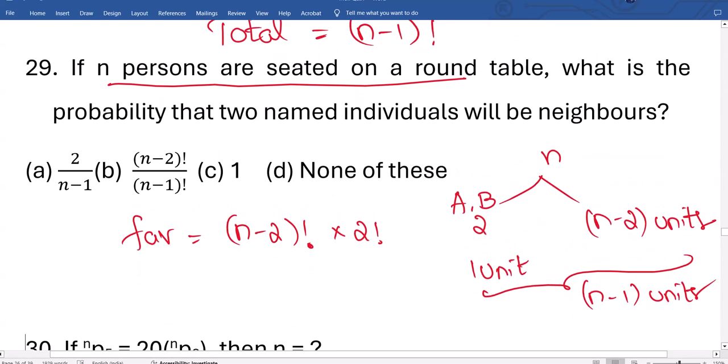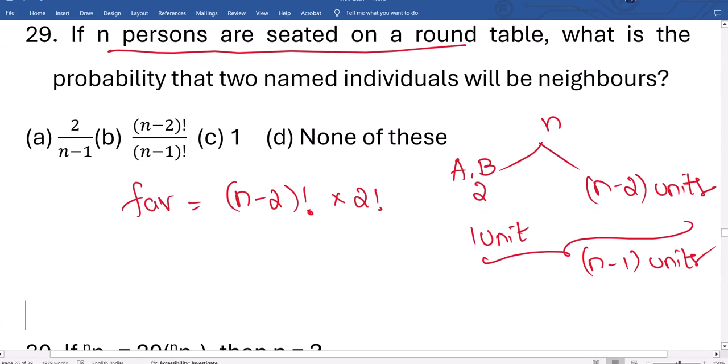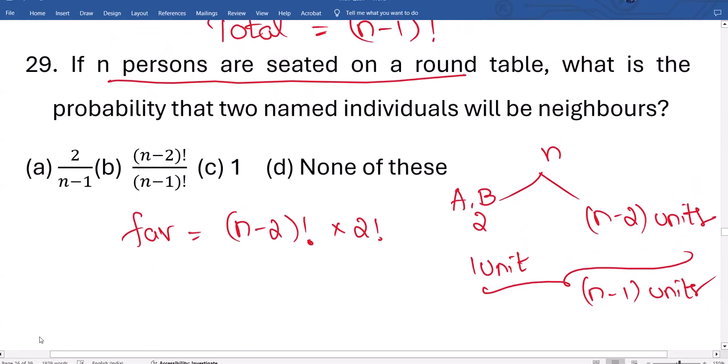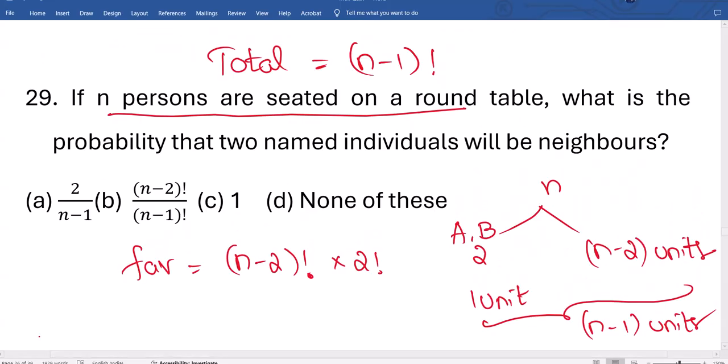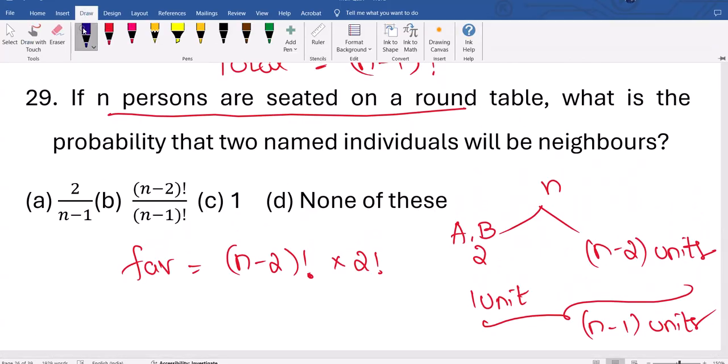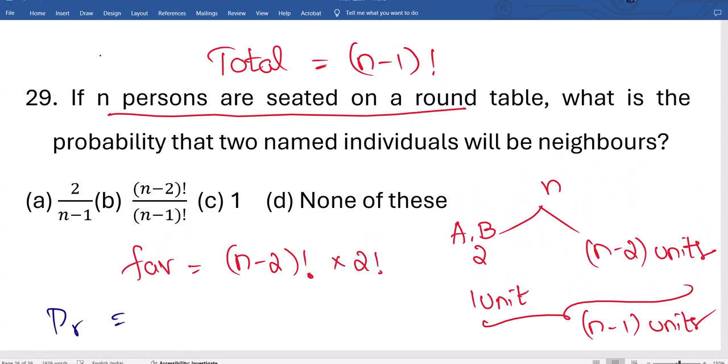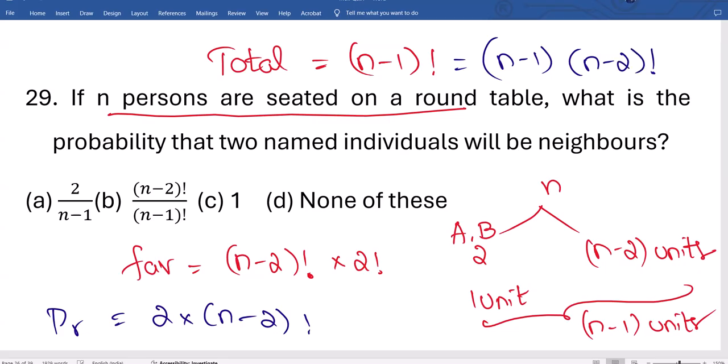Now, probability is favorable out of total. Favorable, we got this, and total. So, probability is 2 into n minus 2 factorial over n minus 1 factorial. The n minus 1 factorial can be written as n minus 1 into n minus 2 factorial. 5 factorial can be written as 5 into 4 factorial, 4 factorial as 4 into 3 factorial, like that.